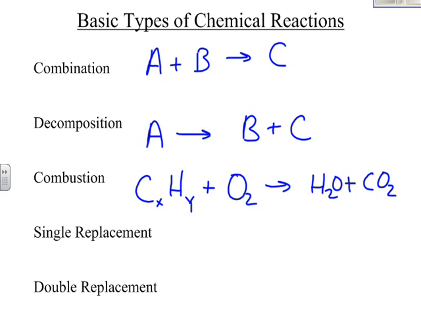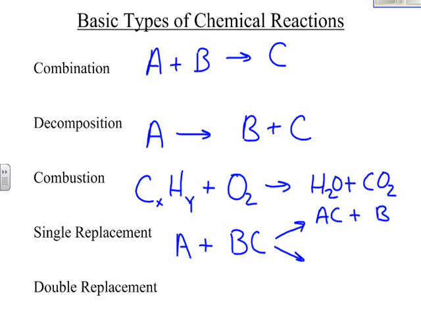Next, we have single replacement reactions, where we'd have a single element that would react with a compound, and we actually have the possibility of replacing either the first element, or usually the metal, to form a different compound, thus replacing the metal that was originally with the nonmetal.